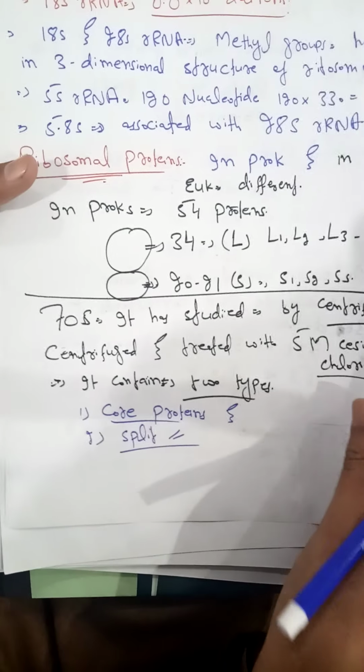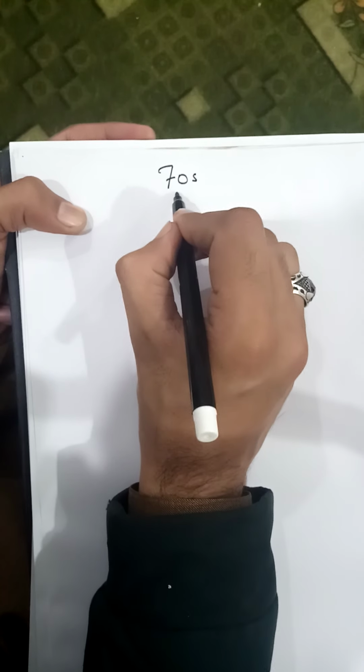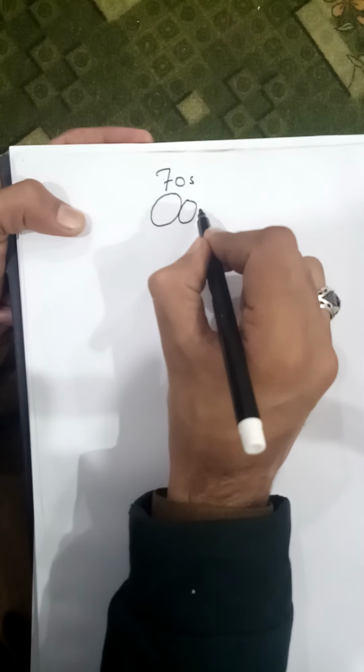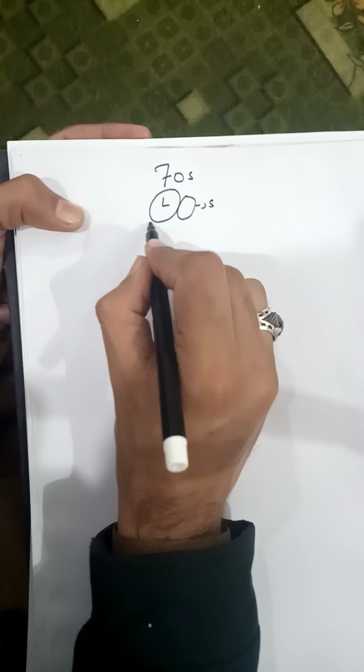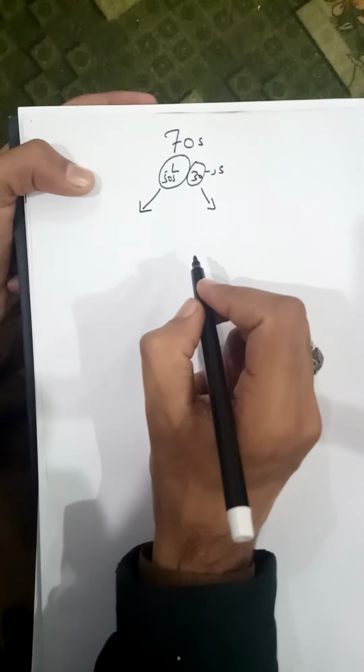How are the core and split proteins present? If this is the 70S ribosome, these are the two subunits, the smaller one and the larger one. When they are separated, this one is the 50S and this one is the 30S.